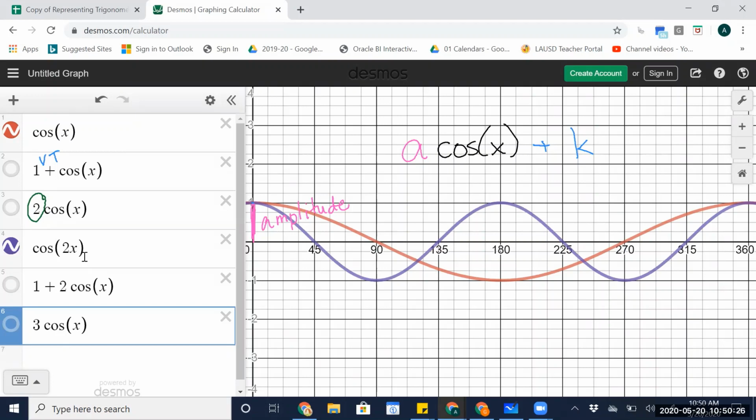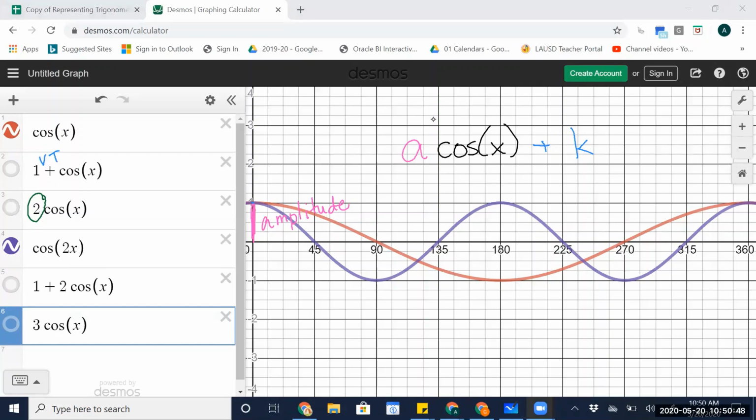But working with cosine, we can see something weird going on here. First of all, some of you called it more wiggles. There are more little wiggles or more bumps in the cosine graph when I had cosine 2x. And let's think about what this means.